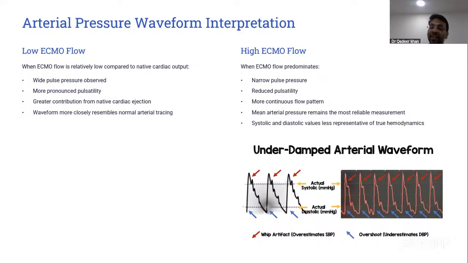In those cases, the patient may have a narrow pulse pressure. There will be no pulsatility, and there will be a continuous flow pattern. You have to rely more on the mean arterial pressure rather than systolic and diastolic. If the patient is getting pulmonary edema and worsening, you may need to plan for LV venting strategies.